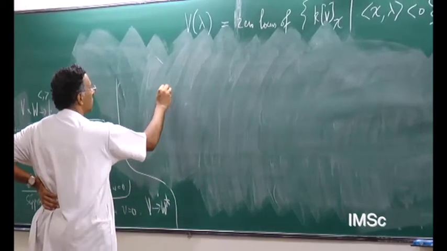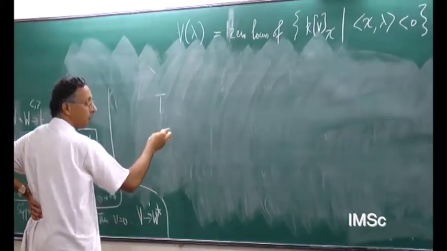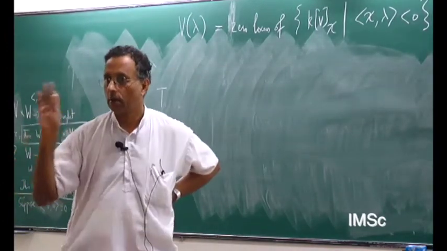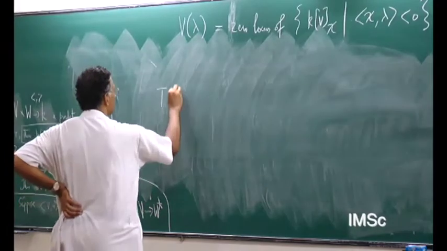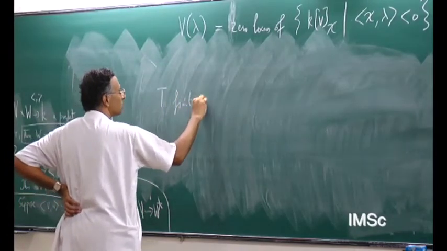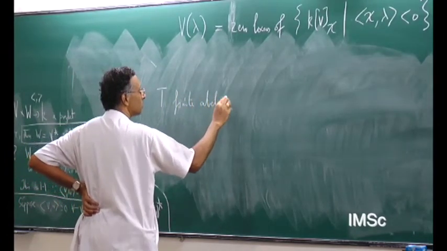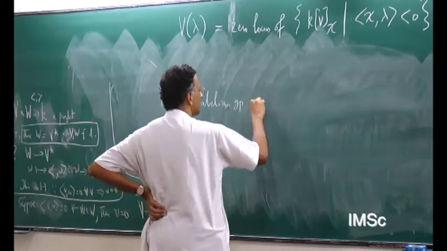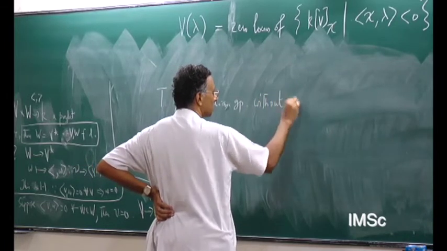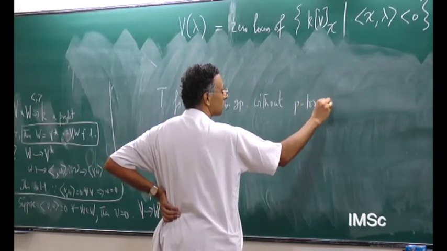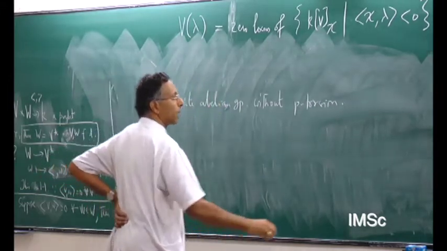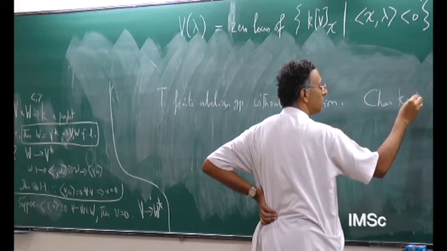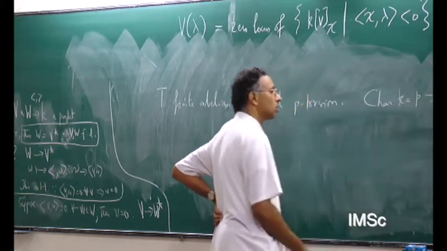Okay, what's the thing? We had to show that T is... we were reduced to this situation, where T is a finite abelian group without p torsion, and the characteristic of K equals p bigger than 0.